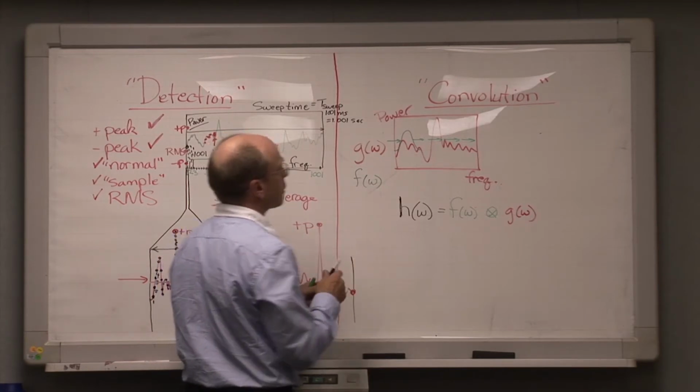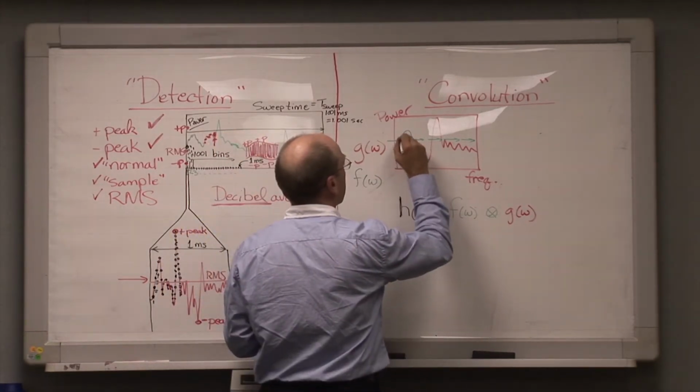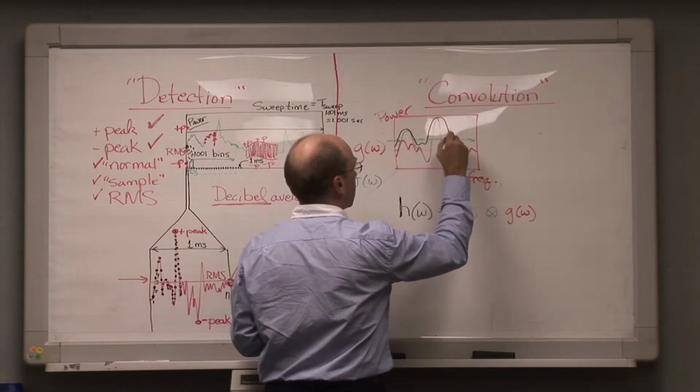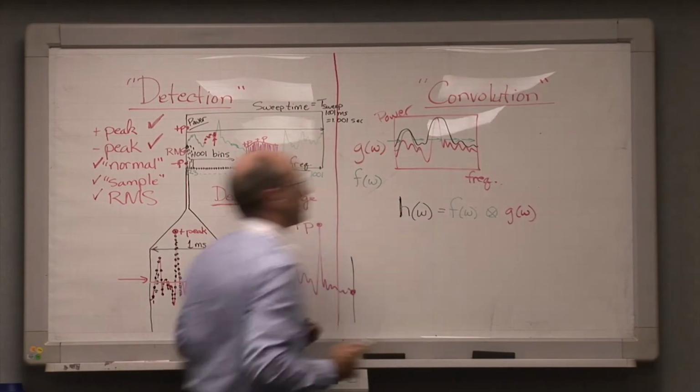And this convolution shape will look something like this, the way that I've drawn it here.